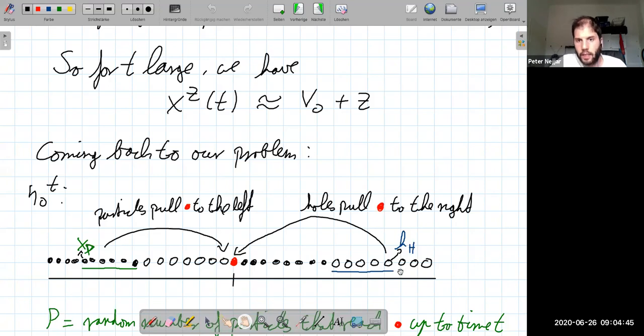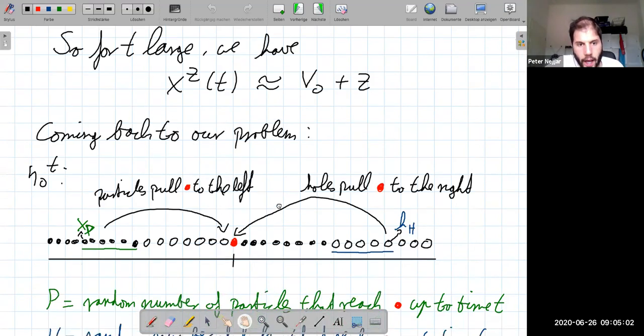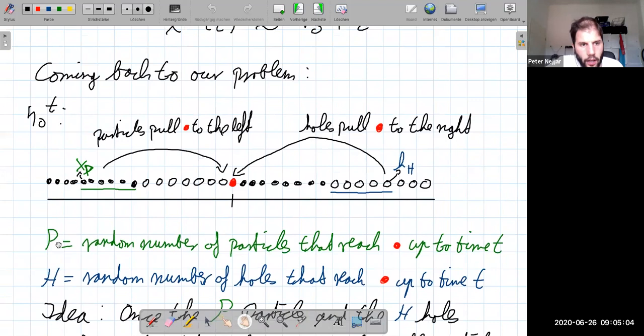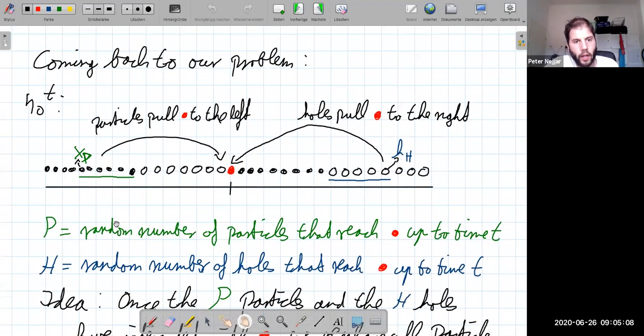The other mechanism is that you have this group of holes which travel to the left, and once they interact with the second-class particle, they will pull it to the right. Now we call this green P the random number of particles that reach the second-class particle up to time t.